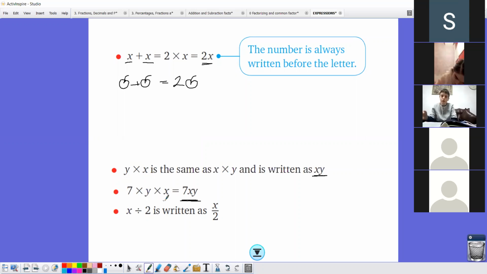Which one did you understand? I understand the X plus X up there. Teacher, it says in the book that we have to put the letters in alphabetical order. Yes, it will be better. For example, from A to Q. Here, as you see, first X, then Y, they have written.